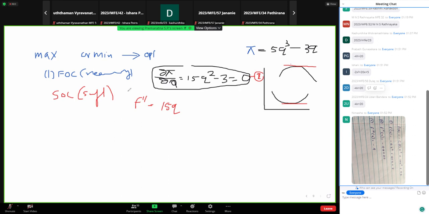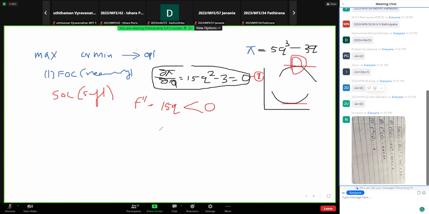The value of the second order differentiation is negative. We say we have the maximum value, and then we go to the maximum point.